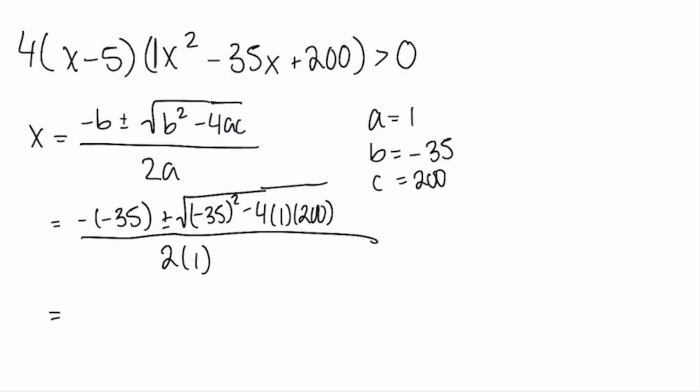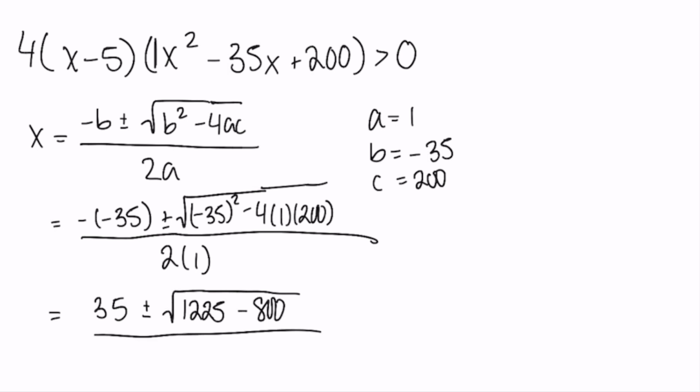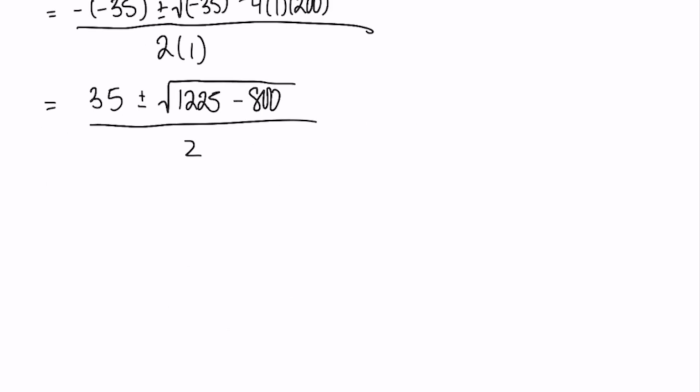And that gives us 35 plus or minus the square root of 1,225 minus 800, all divided by 2. And that simplifies to this.